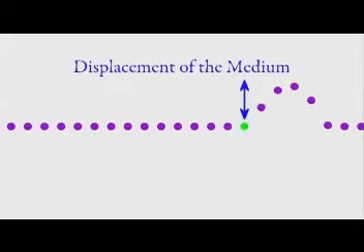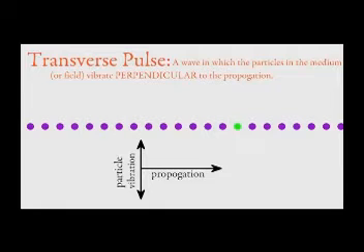Here, the displacement of the medium is up and down. A transverse pulse is a wave in which the particles in the medium vibrate perpendicular to the propagation.